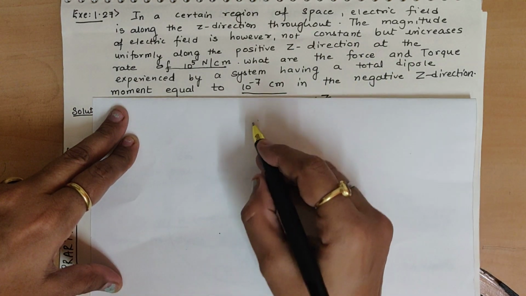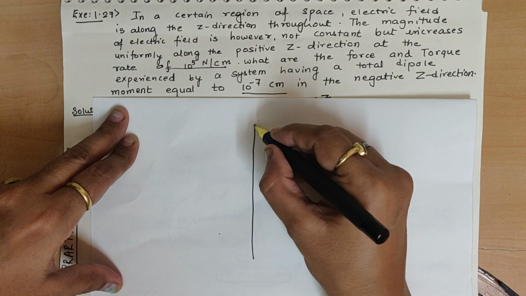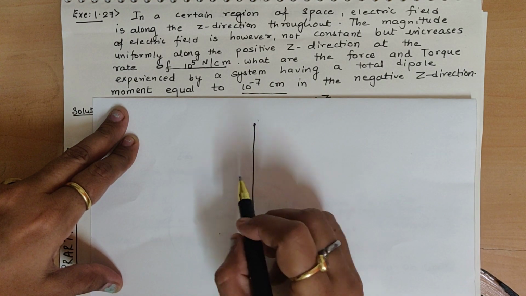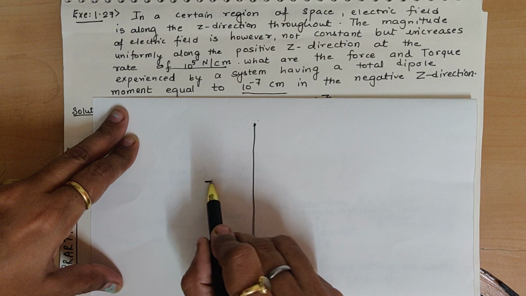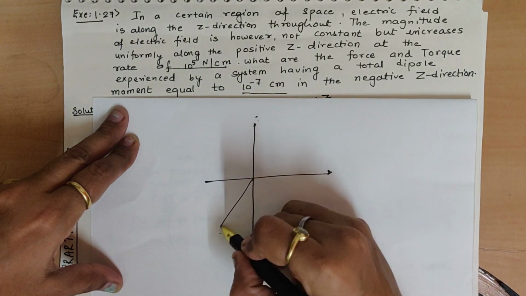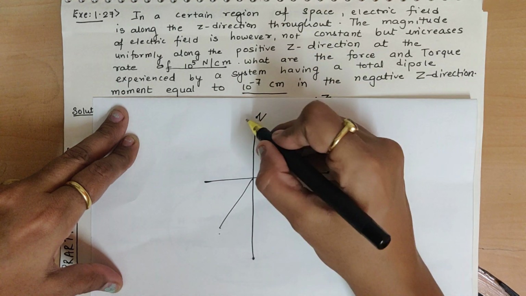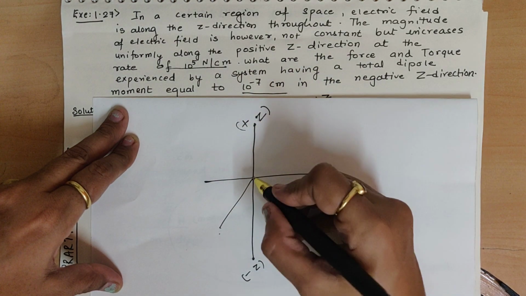Fine. Now we need to find out what would be the force and the torque when dipole is under the influence of non-uniform electric field. Suppose this is the z direction, this is positive z direction, and this is negative z direction.